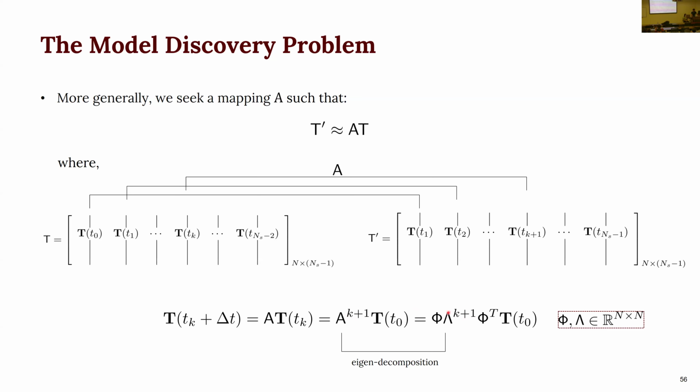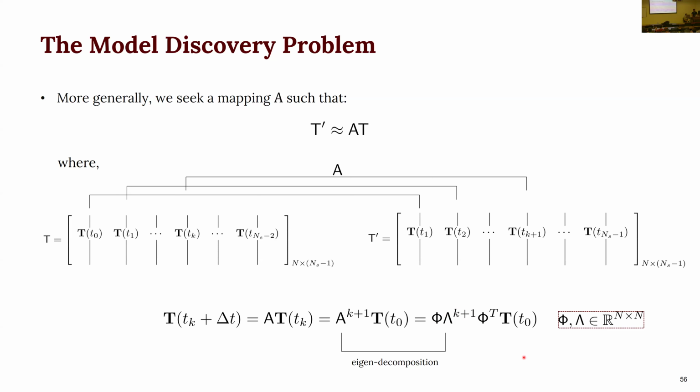But it's very easy to calculate because once you have calculated phi, if you want to advance to the kth time step, you just have to take the power k plus 1 of lambda, and lambda is a diagonal matrix, so it's very cheap.